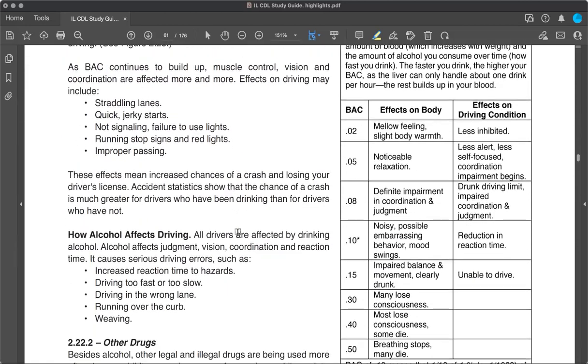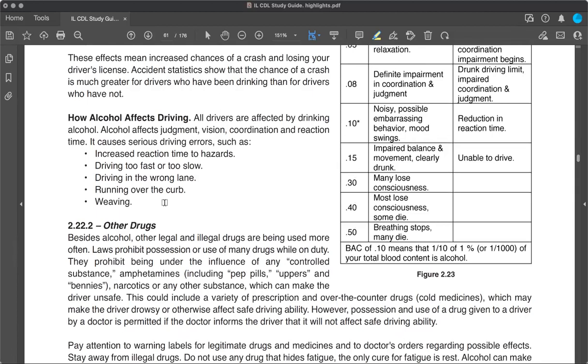If you go down that page to 2.22.2, other drugs, it says this could include a variety of prescription and over-the-counter drugs, specifically cold medicines, which may make the driver drowsy or otherwise affect safe driving ability.